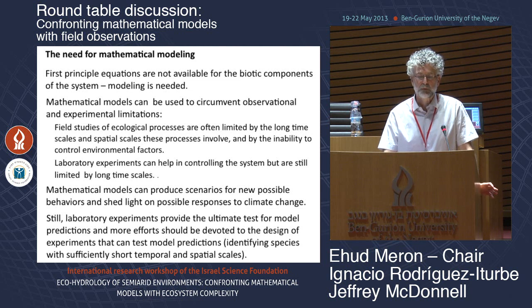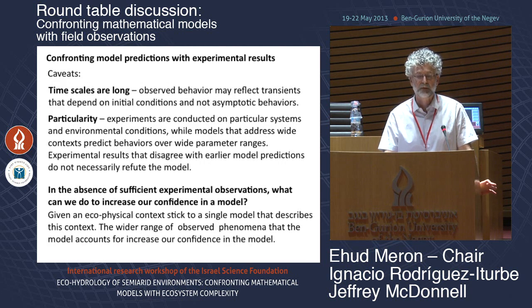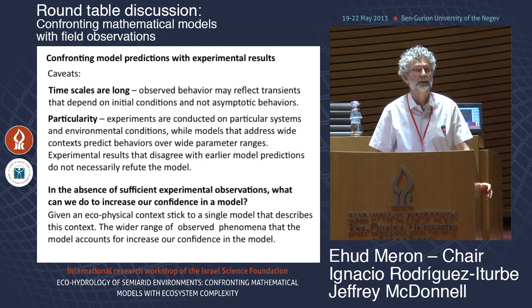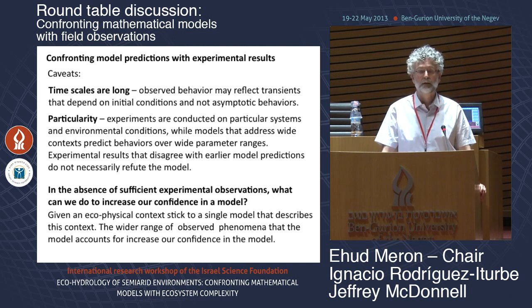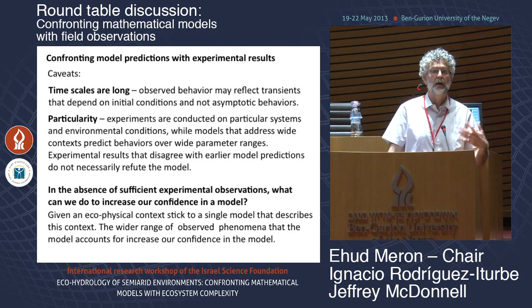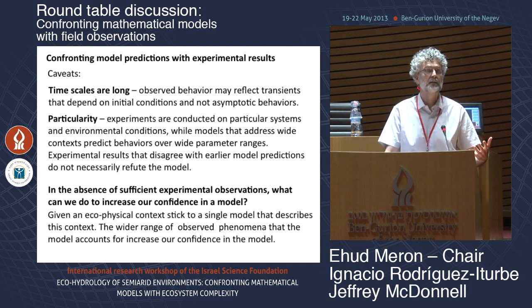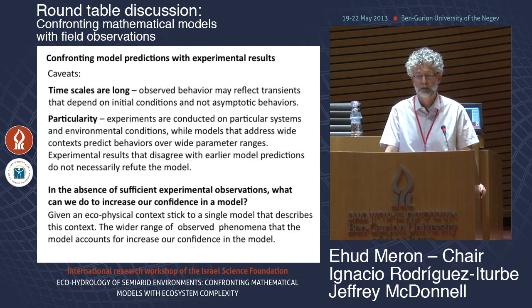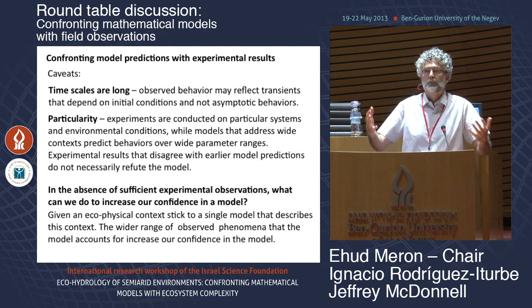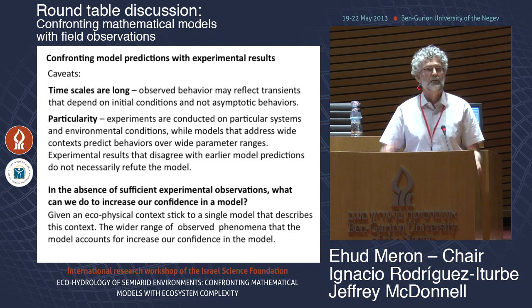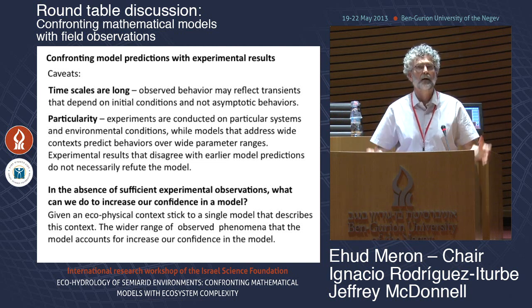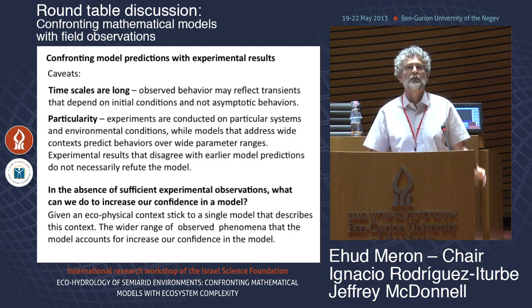When we come to confront model predictions with experimental results, there are some caveats we should be aware of. Timescales in ecological systems are generally long, and observed behavior may reflect transients rather than asymptotic behaviors. We could, in principle, try to study transients with models, but the point is that transients can be almost arbitrary, and they depend on initial conditions.